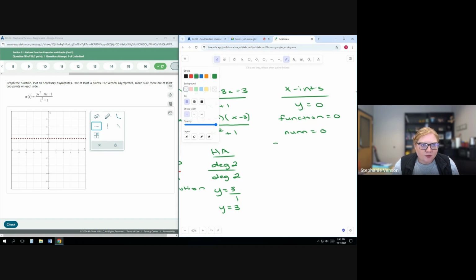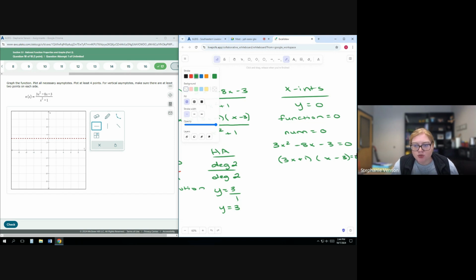So we have 3x squared minus 8x minus 3 set equal to 0. We've actually already factored that because we factored it a minute ago to check to see if anything could cancel. So we know that this factors into 3x plus 1 times x minus 3 equals 0.